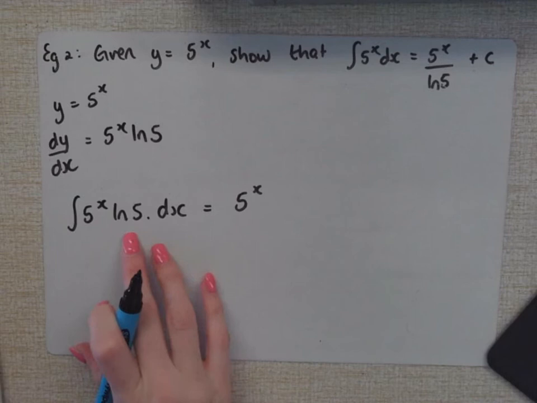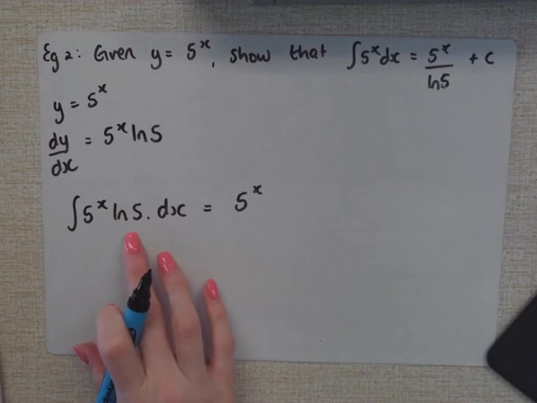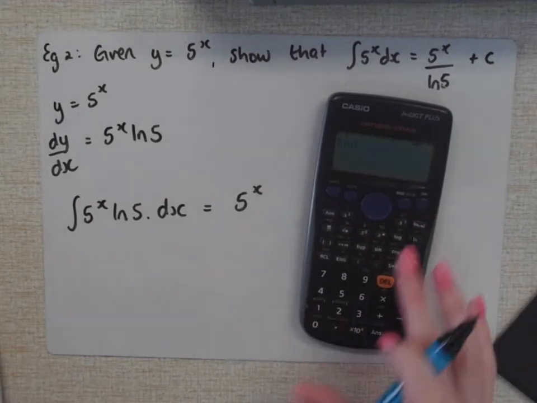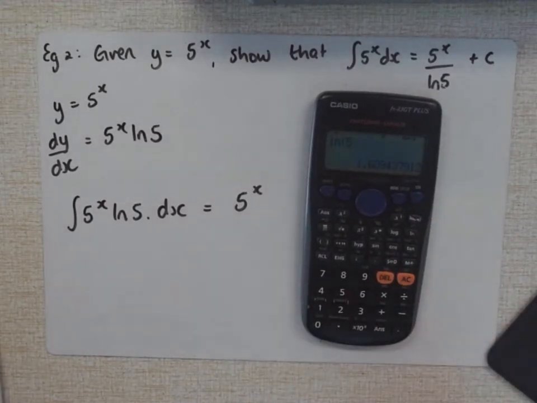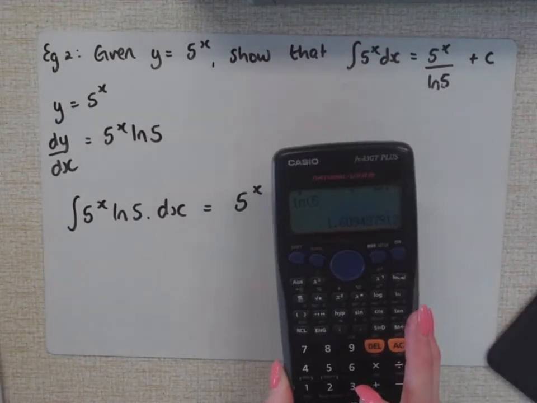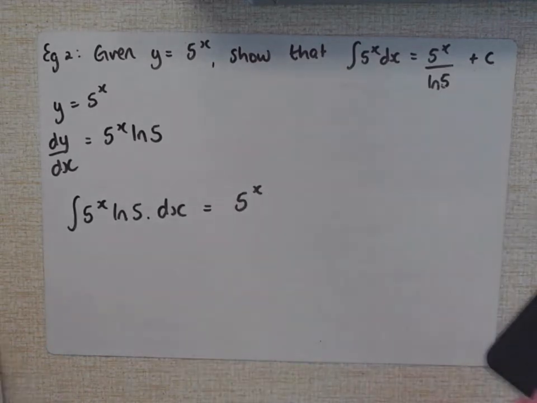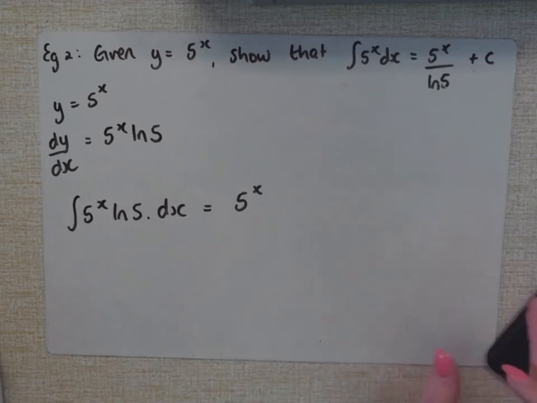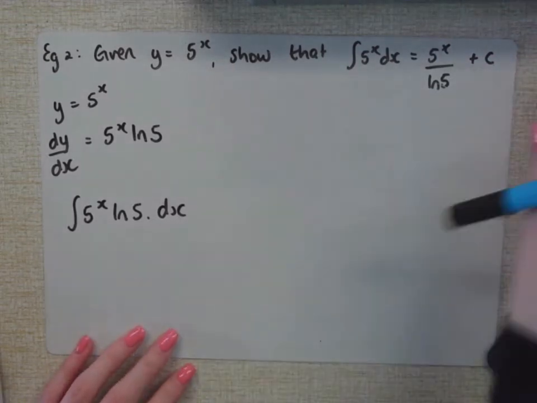Now, ln of 5 is just a number. It's just a constant. 1.6094. So ln of 5 is just a number. That's not going to actually change anything. So let me just get rid of this bit here.